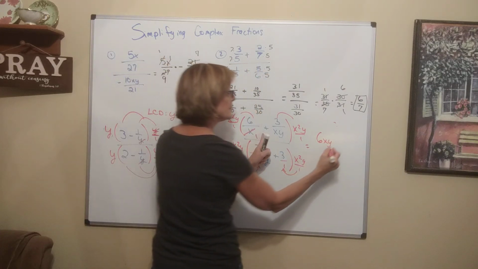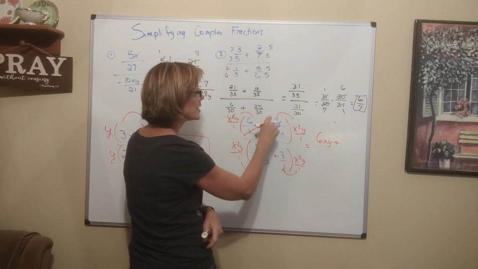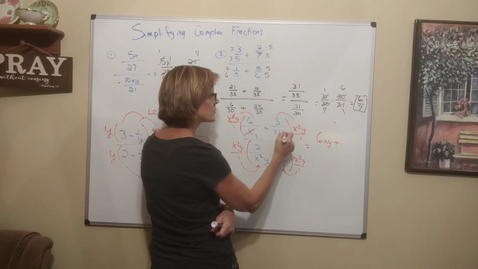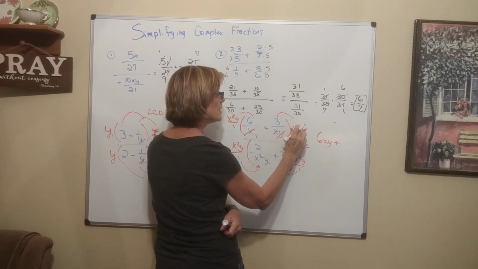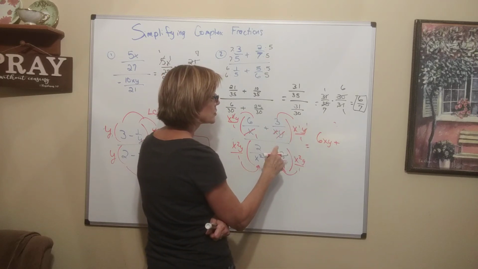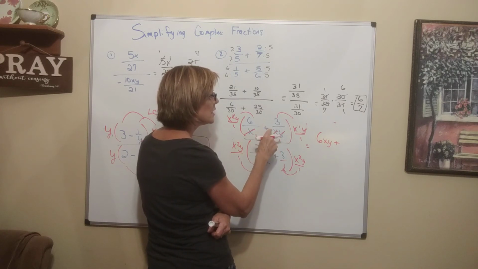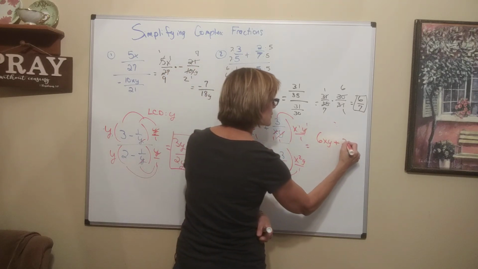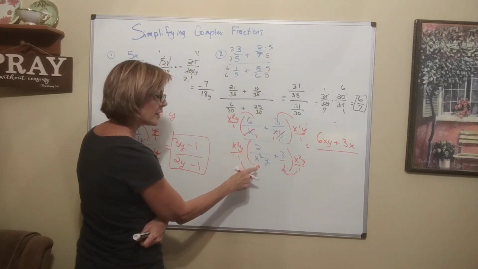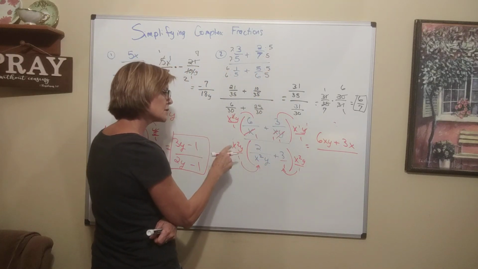Here's the plus sign, plus 3 over xy times x squared y over 1. What will cancel? The y will cancel, and one of the x's will cancel. I'm left with 3 times x times 1, or just 3x, over 2 divided by x squared y times x squared y over 1.